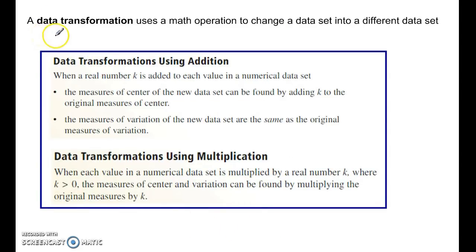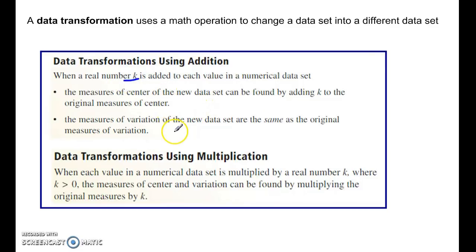Okay, a data transformation uses a math operation, so addition or multiplication, to change a data set into a different data set. If we add a number k to every value, the measures of center, or measures of central tendency, of the new data can be found by adding k to the original measures of center. So I could take the original mean, median, and mode and just add that same number, and I get the new mean, median, and mode.